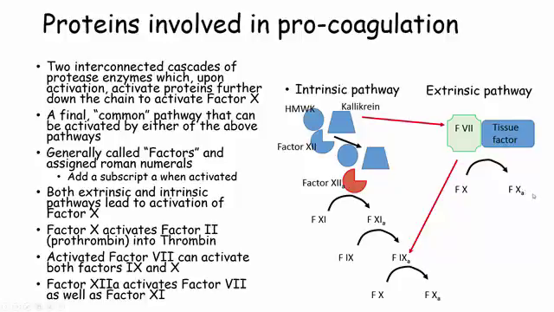But the two arms are not completely independent, because factor 12A has a second substrate besides factor 11, and that is factor 7, activating some factor 7, and factor 7A has another substrate as well, which is factor 9, converting it to factor 9A.